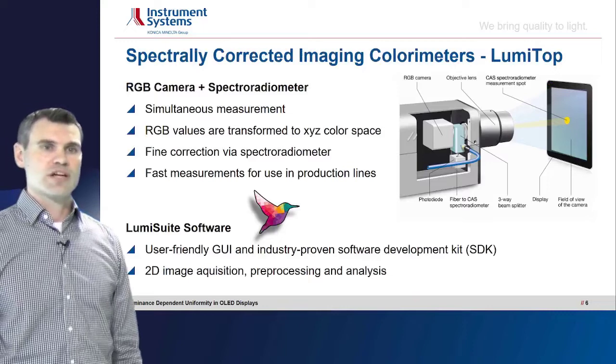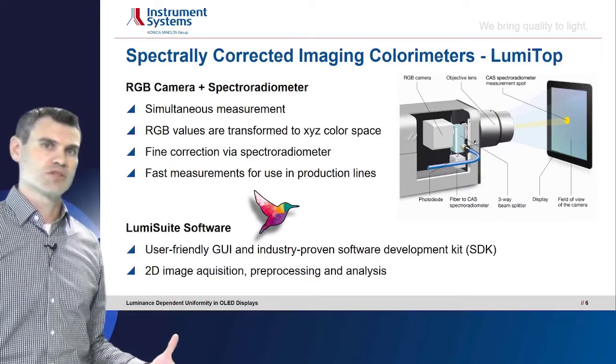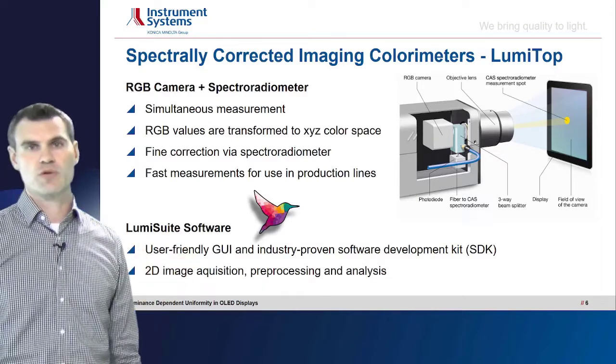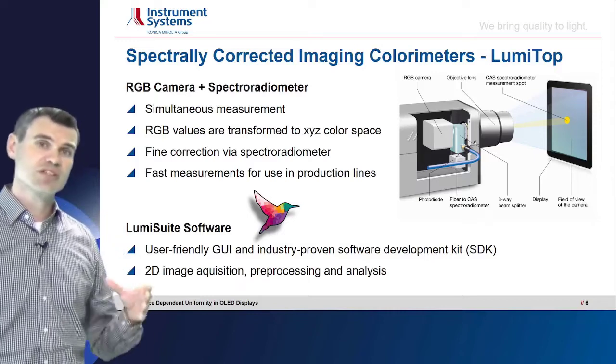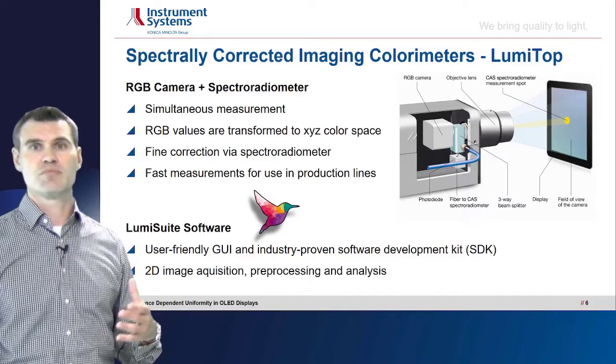The spectrally corrected imaging colorimeters LumiTop have the following working principle. The principle is based on an RGB camera combined with a spectroradiometer. It's a simultaneous measurement, which means both devices are operated and measured at the same time.